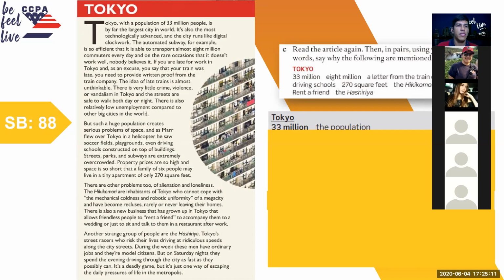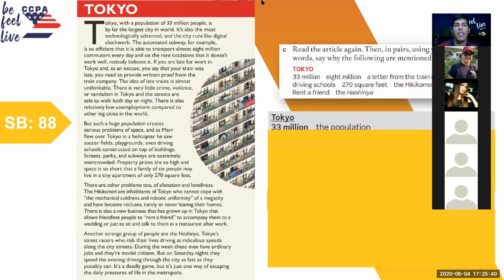Okay, let me read again because I forgot. I'm lost. Okay, so it is in the second sentence of the first paragraph. The automated subway, for example, is so efficient that it is able to transport almost 8 million commuters every day.